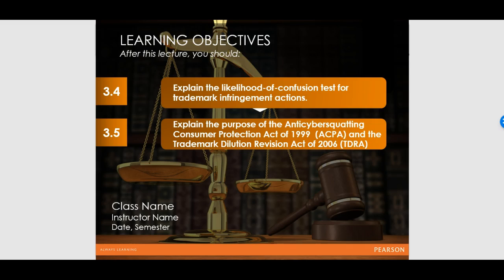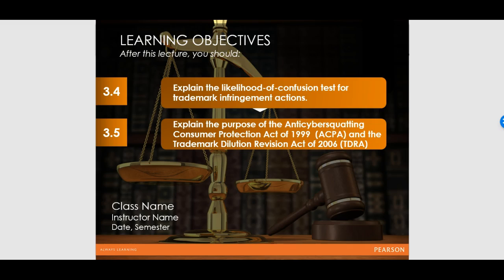And then we'll also explain the issues of likelihood of confusion. So whenever one trademark owner believes the other trademark may confuse their clients or their potential clients, courts will apply the likelihood of confusion test to understand whether a second trademark or name or use is being infringed.